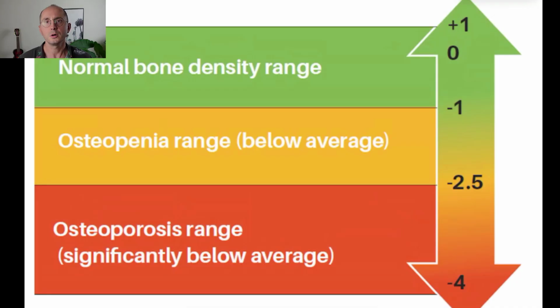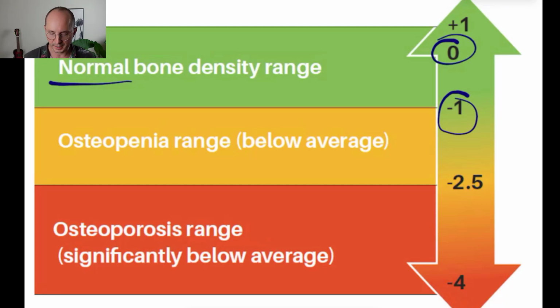So it kind of looks like this. If your T-score is about -1, then your bone density is considered normal bone density. If your T-score is around 0, it means your bone density is average for a healthy young male of about 25-ish.